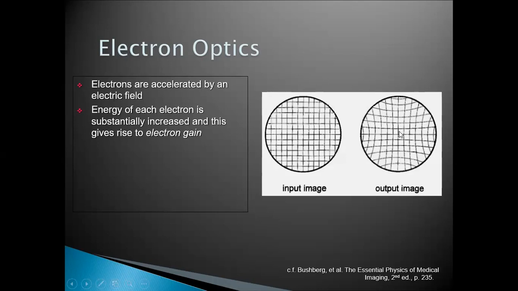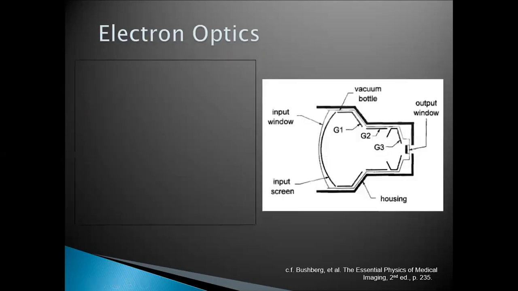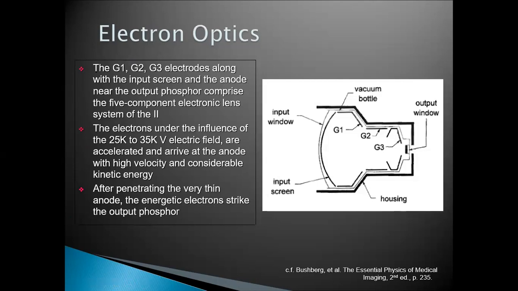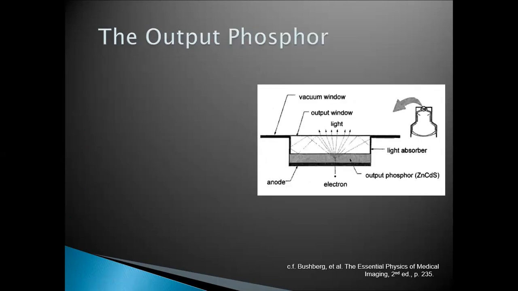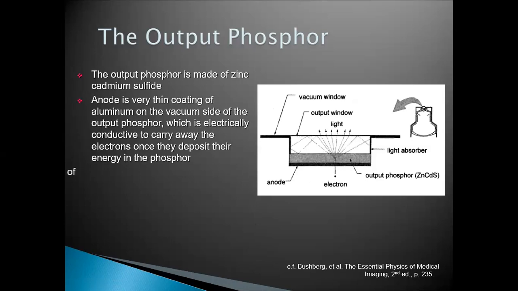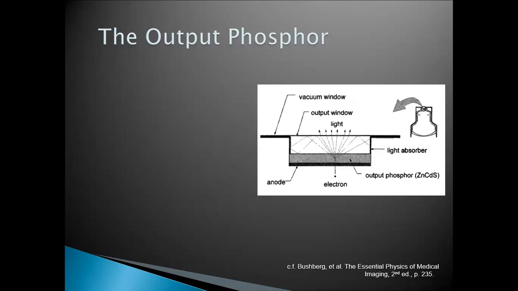We saw the focusing electrodes G1, G2, and G3. And of course, the electrons are accelerated to a very high potential, from 25,000 to around 35,000 volts. So the output phosphor is there for us.